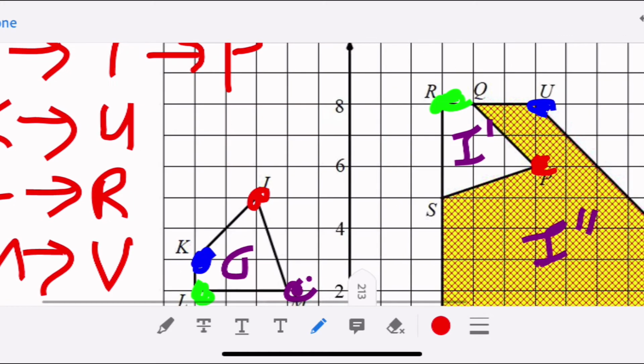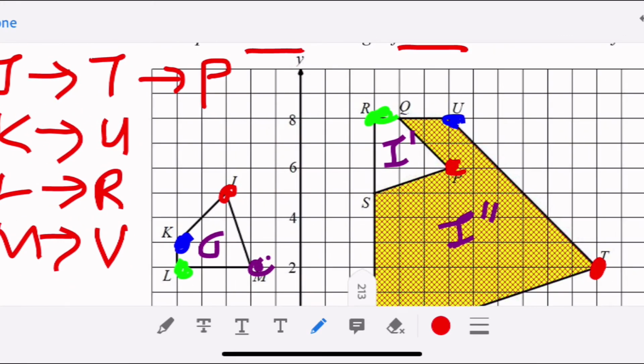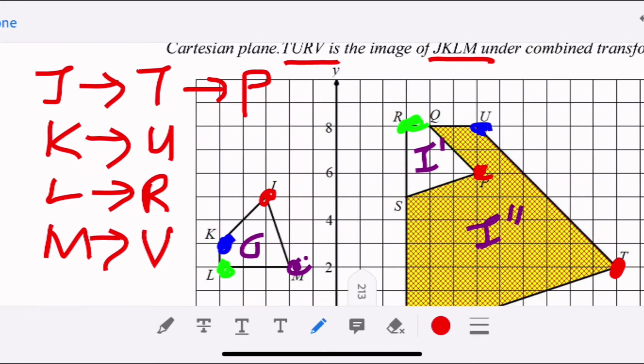We look at the point T, which goes to P. It looks like it cannot be a reflection, so it should be a rotation, because you can see the orientation is not the same. You can label like this to find the corresponding points. To find the center of rotation, you can use compasses, poke on the corresponding point and draw the bisector.